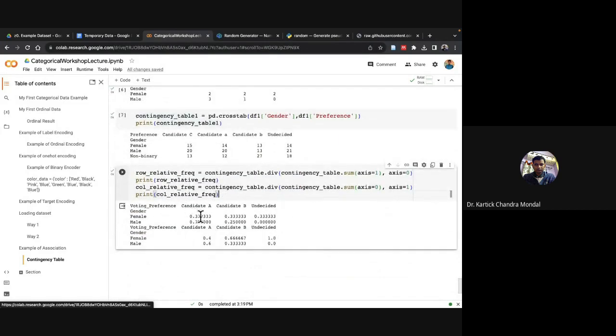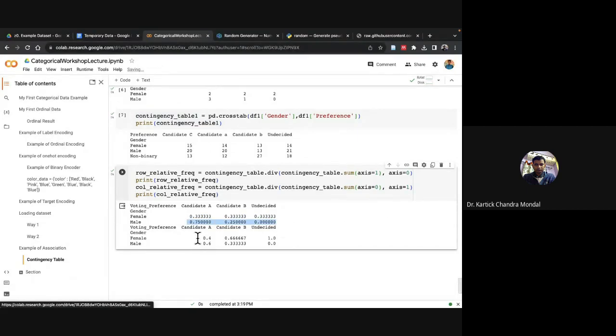See here, this is the row frequency table, right? Relative frequency table. So if you do the summation of this, it is 100%, and if you do the sum of this, it is 100%.